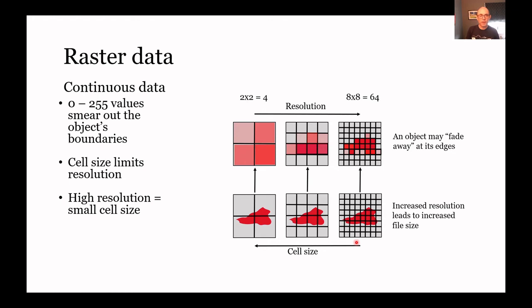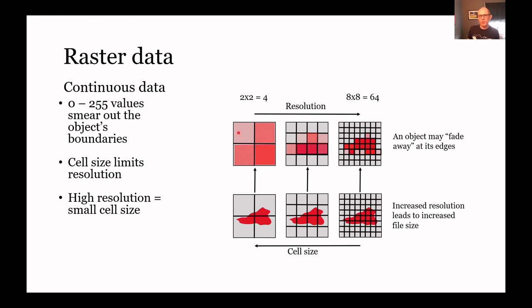The thing with a very important quality with continuous data, though, is that we tend not to lose objects as easily. It can still happen, but if you remember in the previous case, we had the situation of two classes: something existed or it didn't exist. Here we can have degrees of existence. So we have this grey background and the red object here, and it kind of influences what's going on in this cell here.